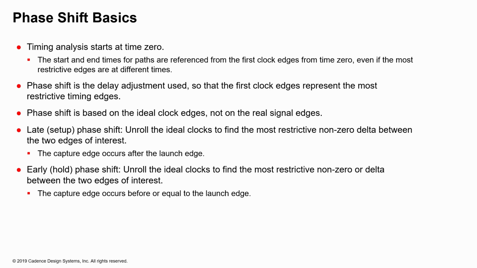For setup or late phase shift, we have to unroll the ideal clocks, find out what the most restrictive non-zero delta is, and then know that the capture edge occurs after the launch edge. Whereas with hold, the same unrolling happens, and we try to figure out what the most restrictive non-zero delta is. But remember that the capture edge happens before or equal to the launch edge.